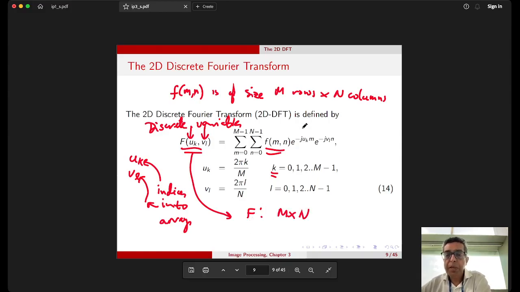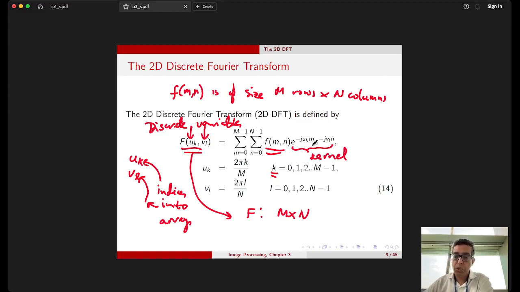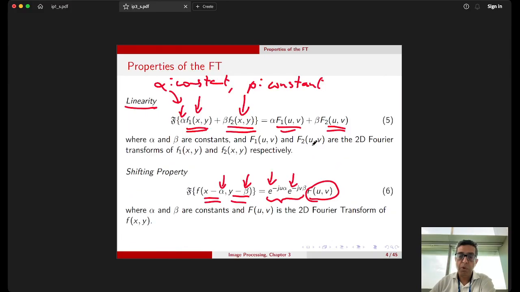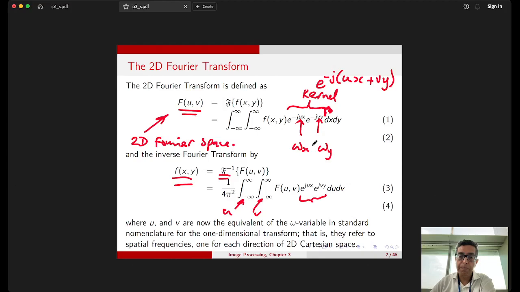And the reason for that is because the kernel of the discrete Fourier transform, so this is the kernel, looks, as you can see, similar to the kernel for the two-dimensional Fourier transform all the way back here. Okay, but here we had spatial coordinate x, and Fourier transform variable u, spatial coordinate y, Fourier transform variable v.